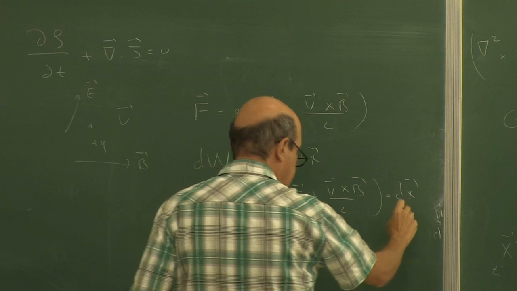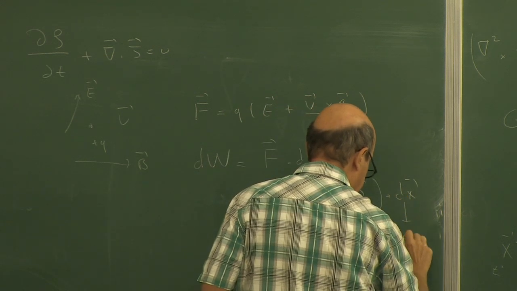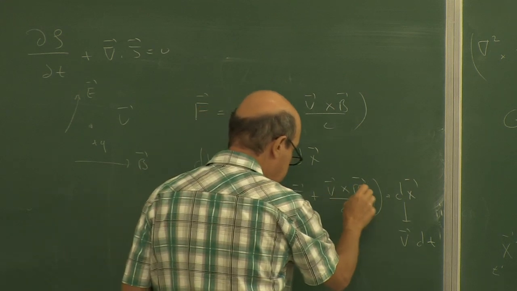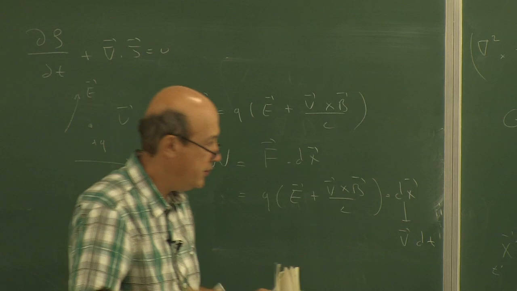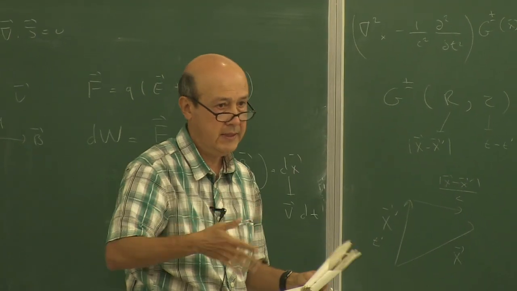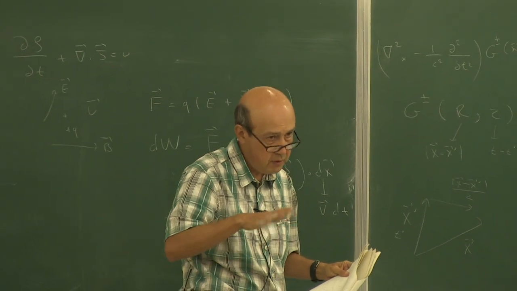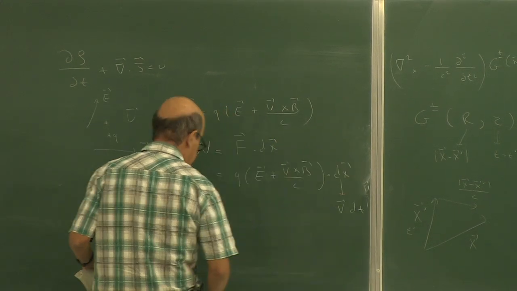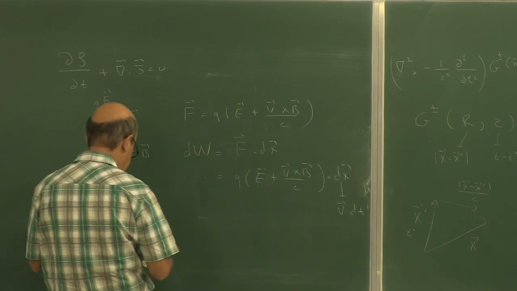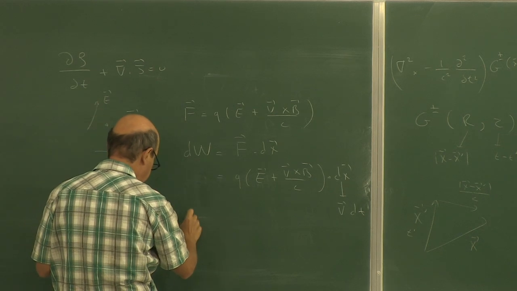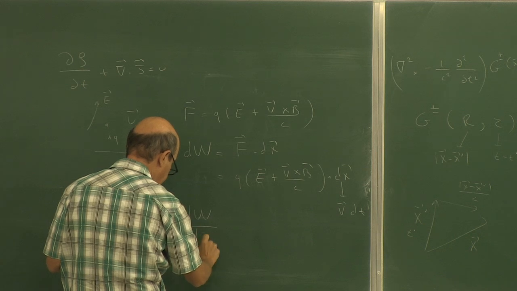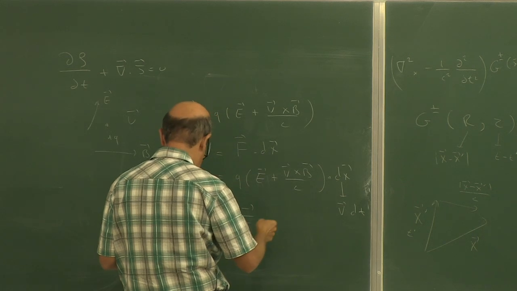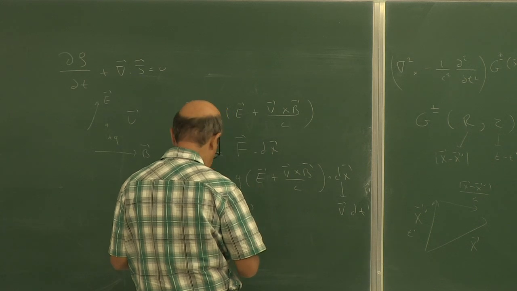Or you can say that dx could be written as v times dt, and v cross B dot v will be 0. So the general rule: the magnetic force does not do any work. Work is done only by the electric field. And if you write v times dt and you divide by dt, you will get that the power is F dot what?